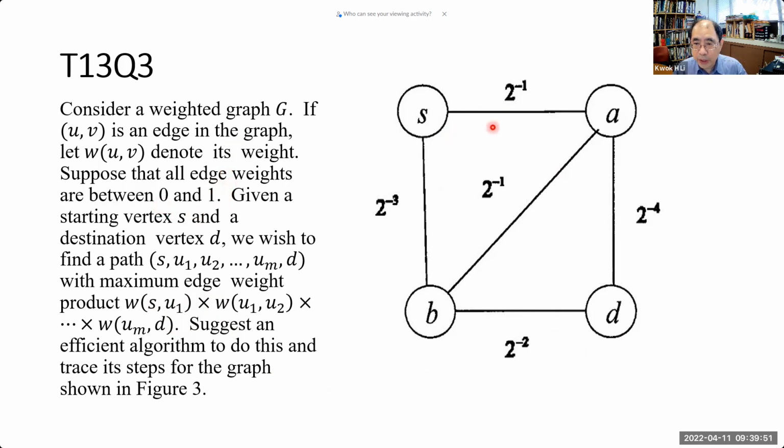And each individual weight here is between 0 and 1. So you should link this to what you have learned, because you have learned the minimum weight path.